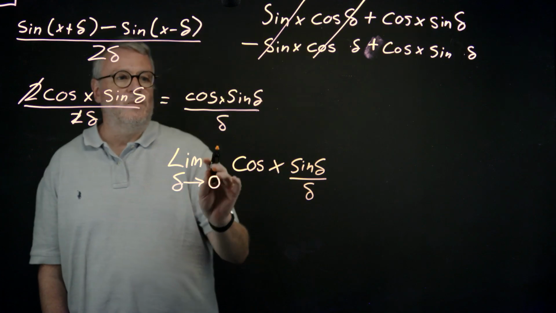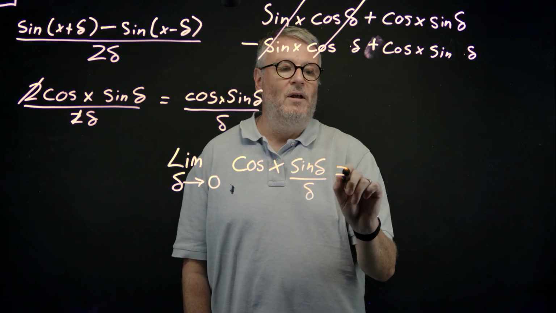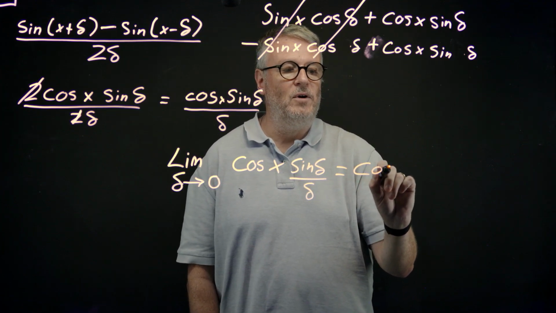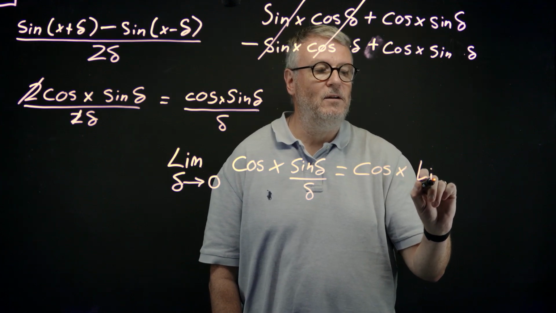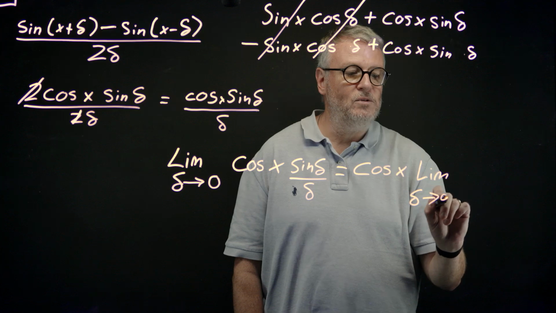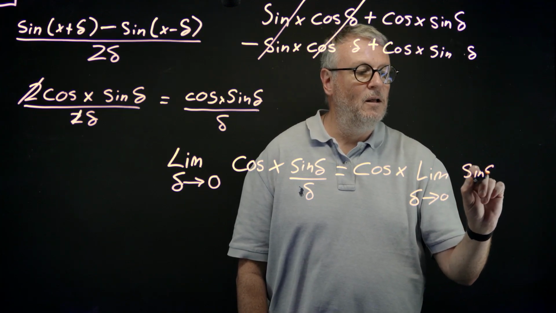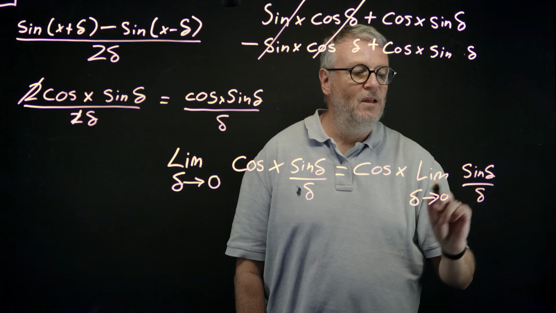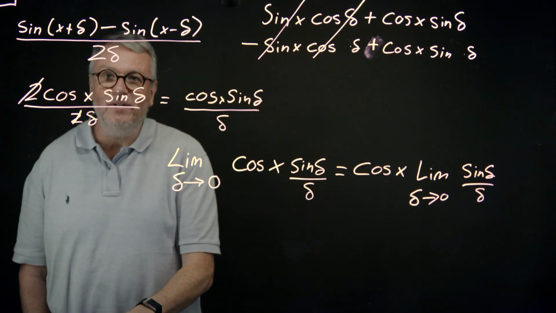Well, cosine of x has absolutely nothing to do with this limit, and that means in my equation I can take it out. So that is equal to the cosine of x times the limit as delta tends towards 0 of sine delta over delta. So what's that, as things get infinitesimally small?